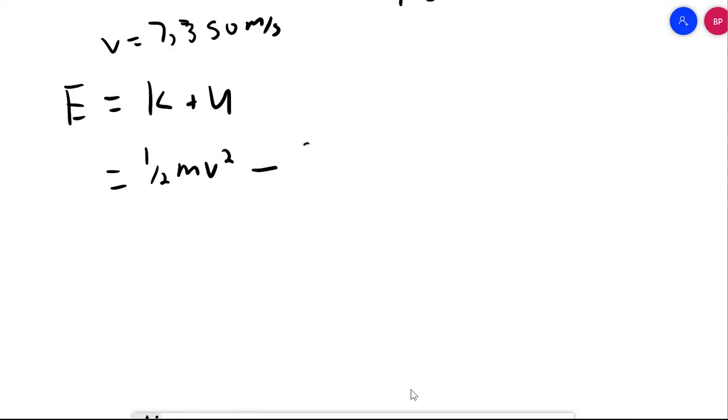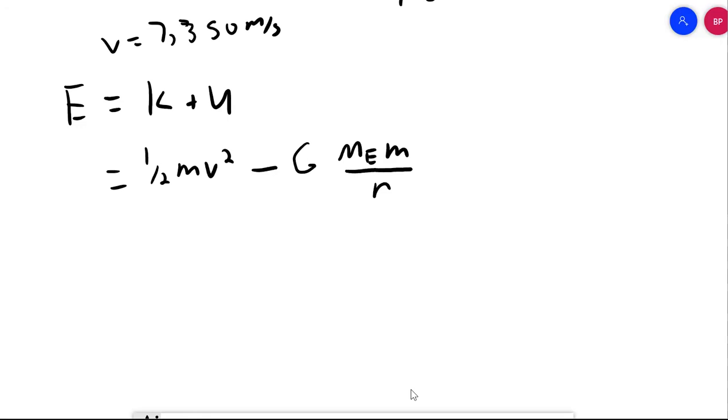It's negative our gravitational constant, the product of our masses, so in this case, the mass of the Earth times the mass of the satellite, divided by the distance. Once again, this is the distance between the centers of mass. And notice it's not squared here. It's just to the power of 1.